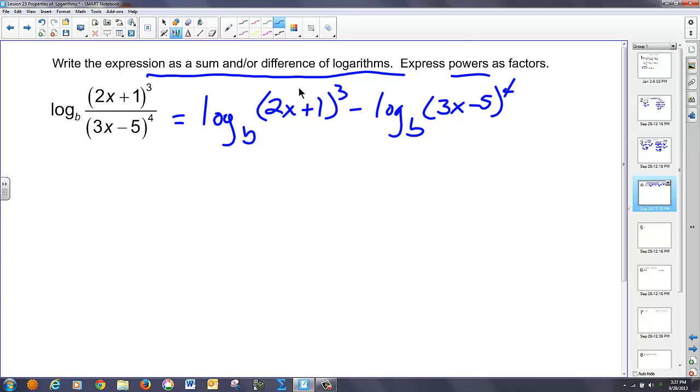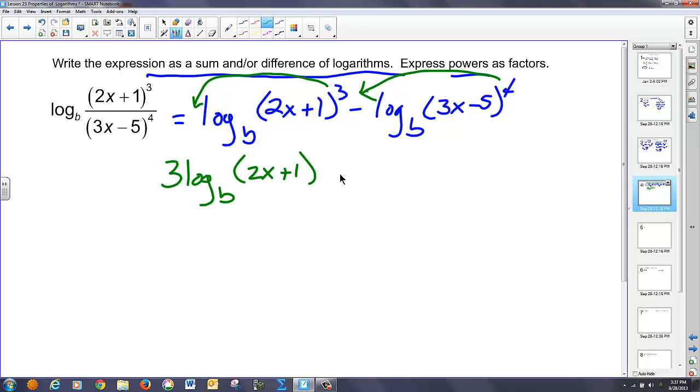Each of these powers can be brought to the front by that third rule, leaving us with 3 log base b of the quantity of 2x plus 1 minus 4 log base b of the quantity of 3x minus 5.